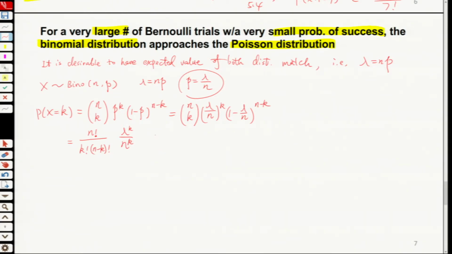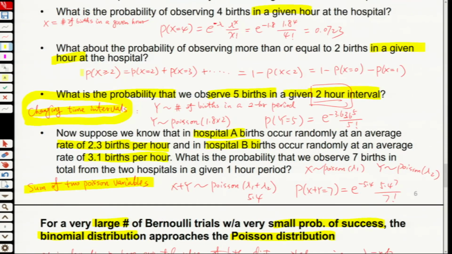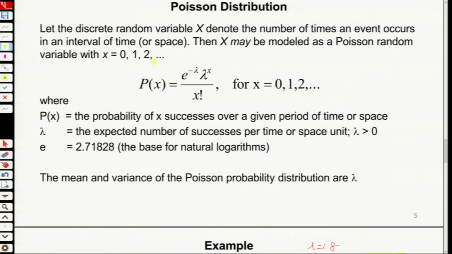And we have (1 minus lambda over n)^n divided by (1 minus lambda over n)^k. So obviously we need lambda^k, and we also need k factorial. You see, in the Poisson distribution, we have exponential minus lambda, lambda^k and k factorial.